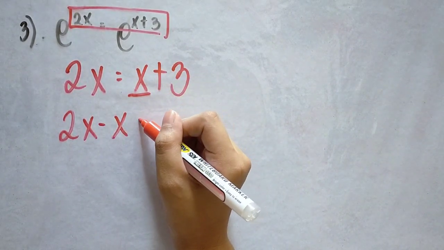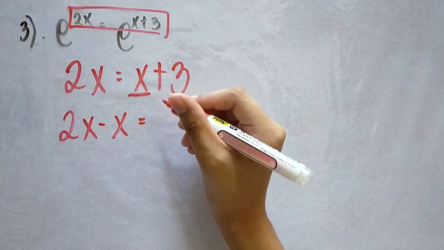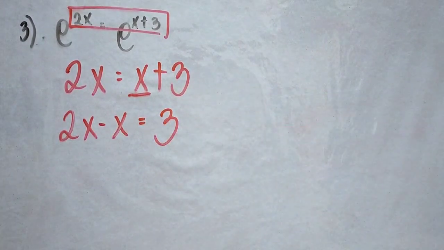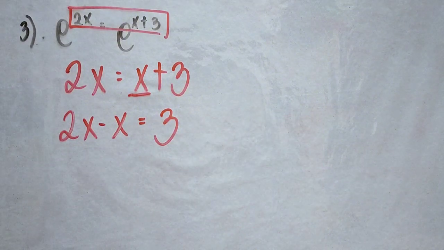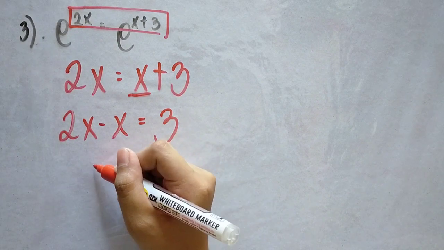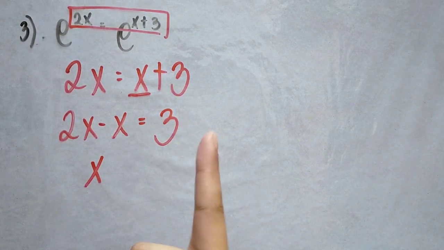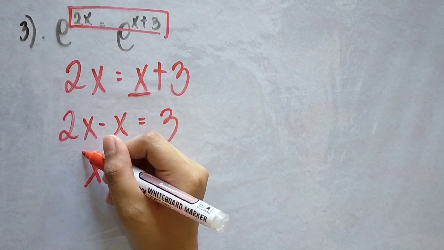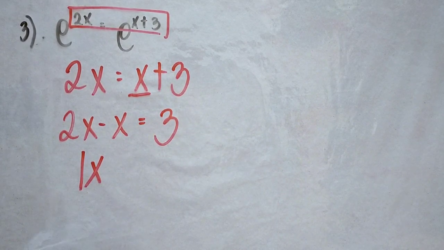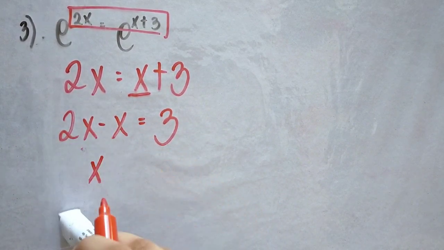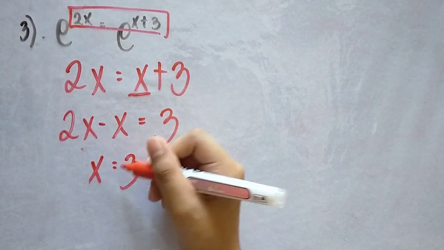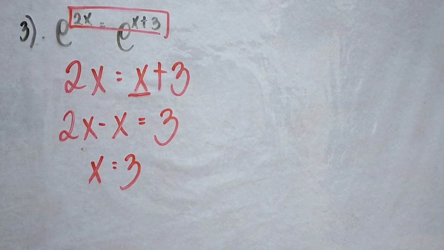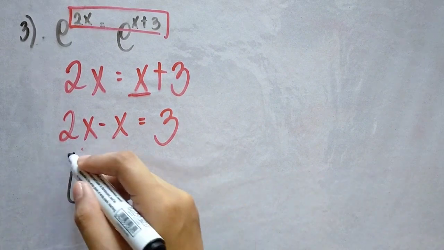Now, lagay na natin yung equals and 3. So, 2x minus x. Yung dalawang x, mababawasan ng isang x. And obviously, the answer will be x. Since may 1 yun na invisible dito, we don't have to write it anymore. Let's just write x. X is equals to 3. It is very easy and nahanap na agad natin yung x.